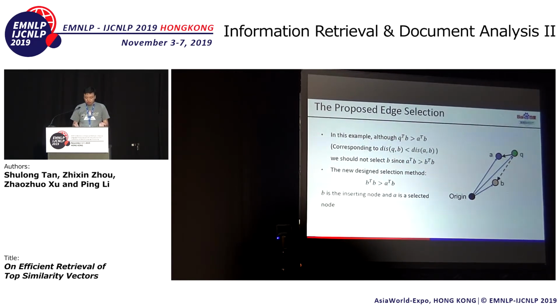That means we don't consider B a good representative of the neighbors. And empirically, this shows this is a much more efficient way to construct the graph.